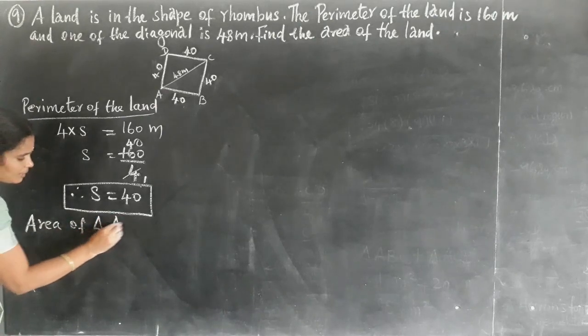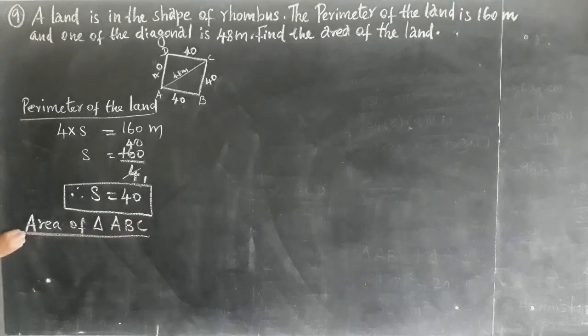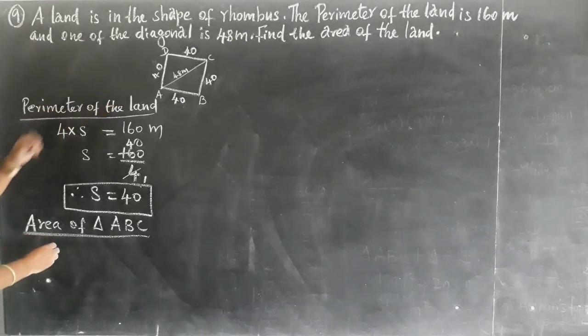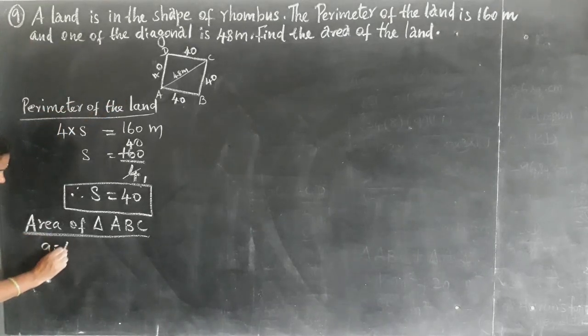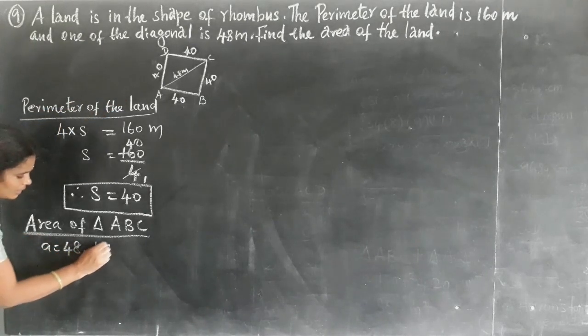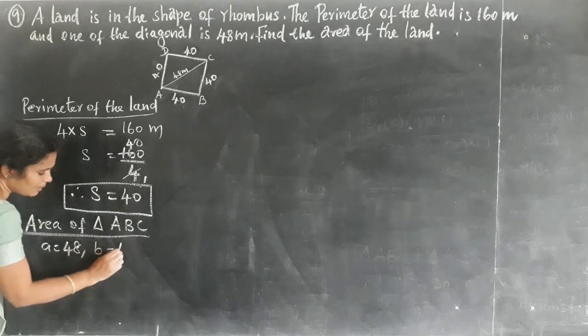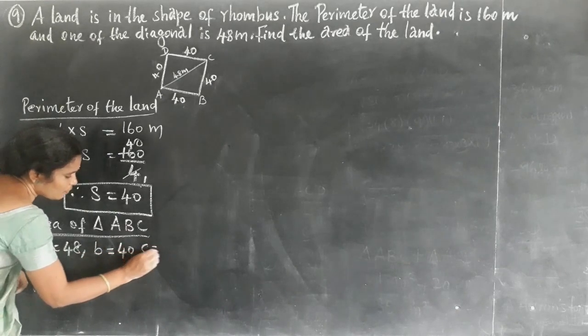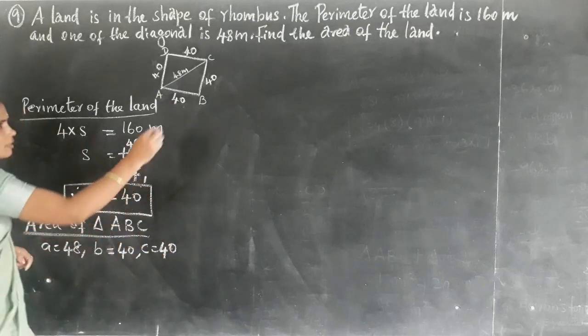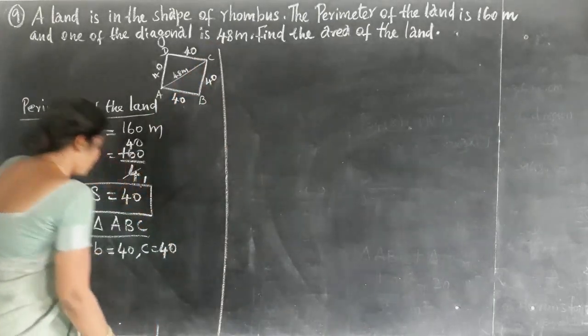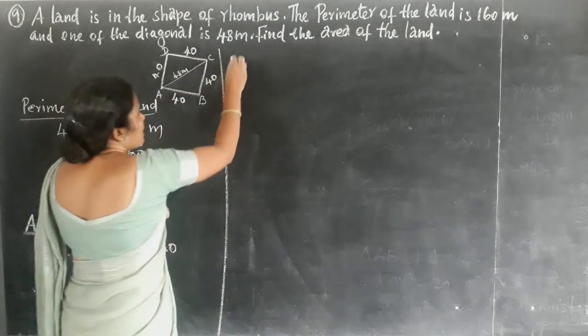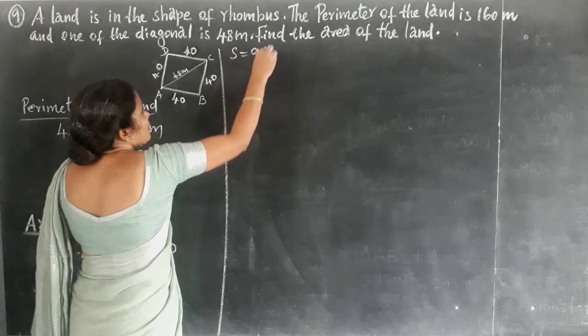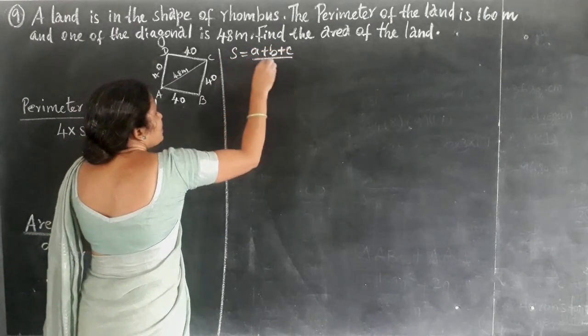Area of triangle ABC: A is equal to 48, B is equal to 40 and C is equal to 40. So find S. S is equal to (A plus B plus C) divided by 2.